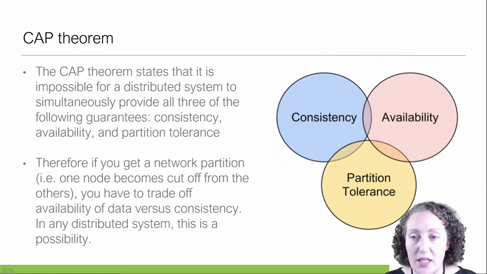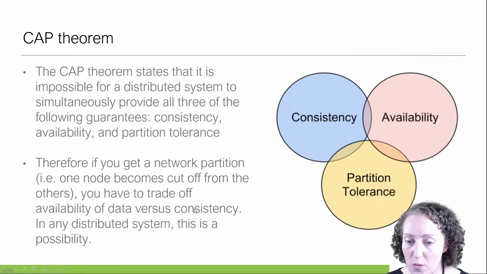And the theorem that describes what we've just talked about there is the CAP theorem. So this states that it's not possible for any distributed system to provide all three of these guarantees: consistency, availability, and partition tolerance.